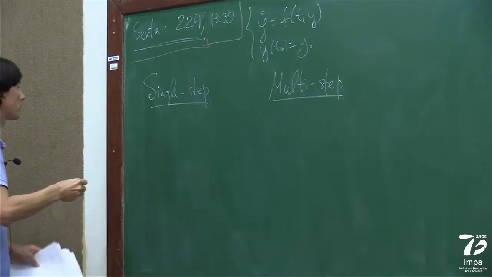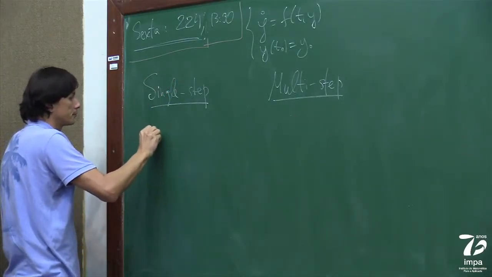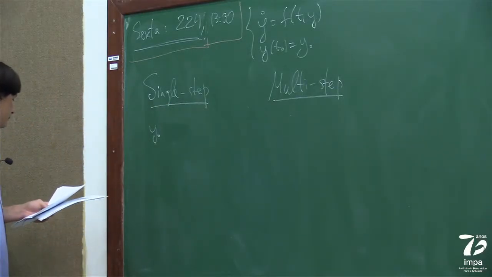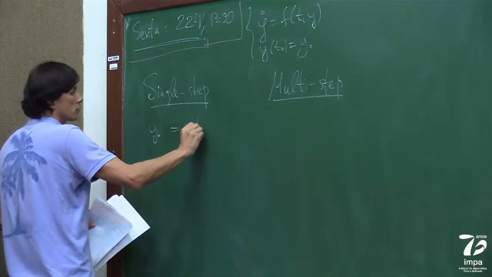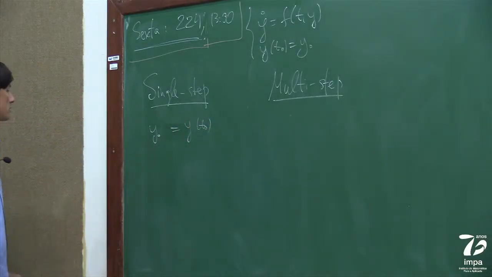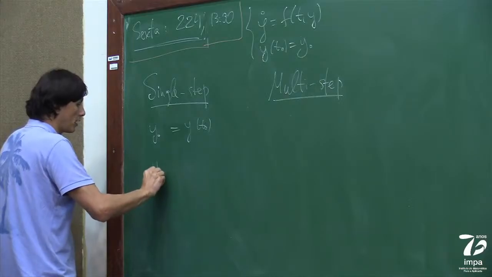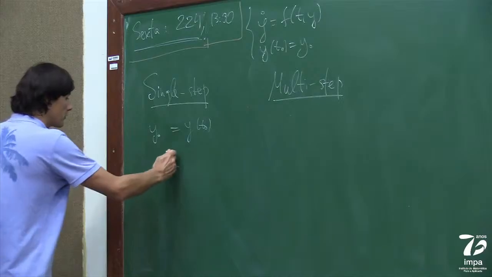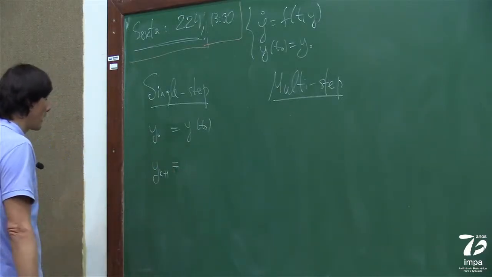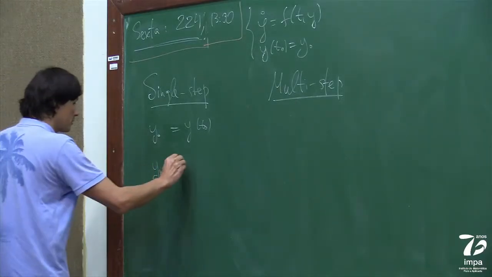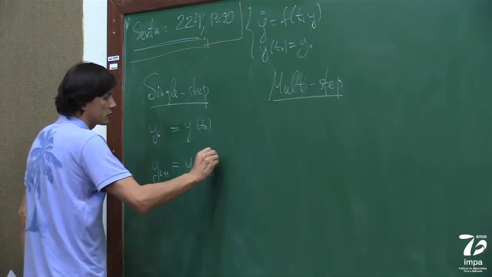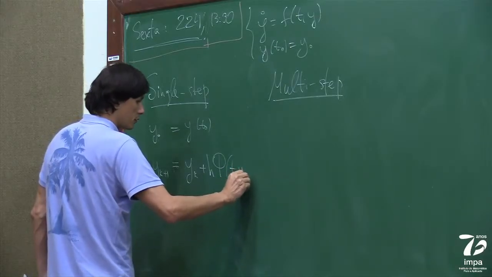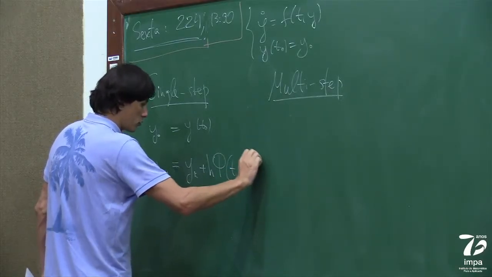Single step solves the problem by taking the initial state, y0, and then you iterate the equation: y at point k plus 1 is yk plus h times some function of time, position, and h.